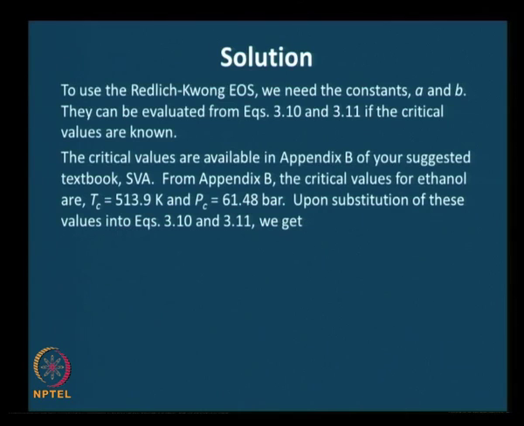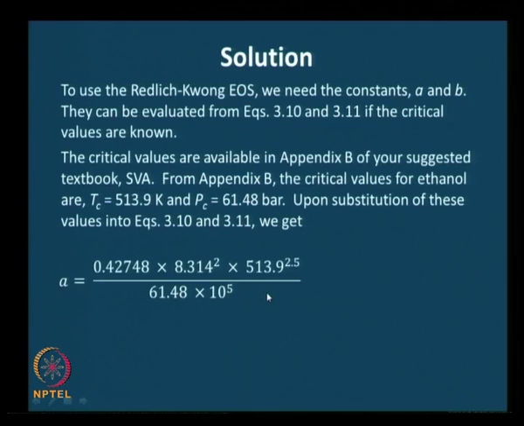Upon substitution of these values into equations 3.10 and 3.11, which give you the expressions for A and B, this is 0.42748 × R² × Tc^2.5, 513.9^2.5, R of course in the relevant units is 8.314, divided by Pc, this is 61.48 bar, and therefore we need it in Newton per meter squared, so you need to multiply it by 10^5.